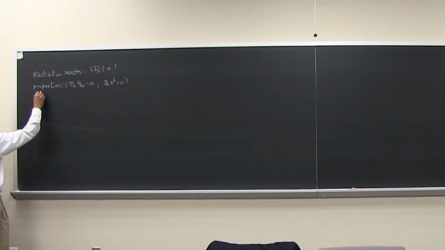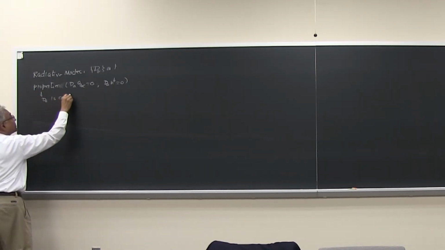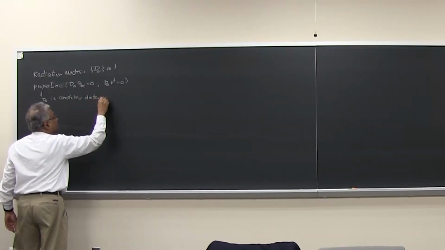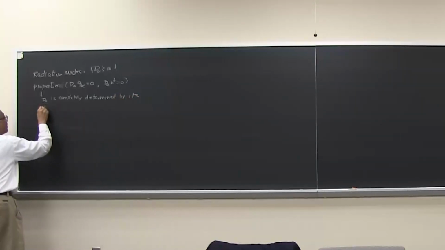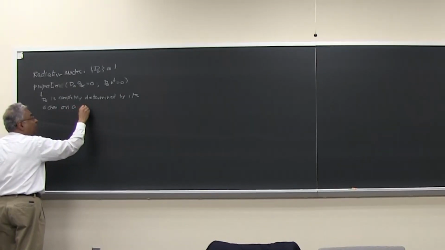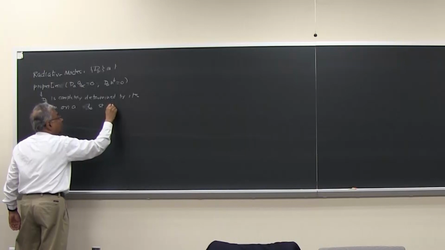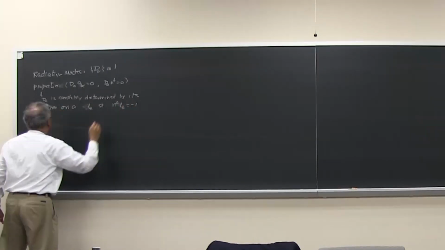These properties then imply that D_A is completely determined by its action on a one-form l_A such that n^A l_A is not equal to 0. So just for definiteness, we take it equal to 1.